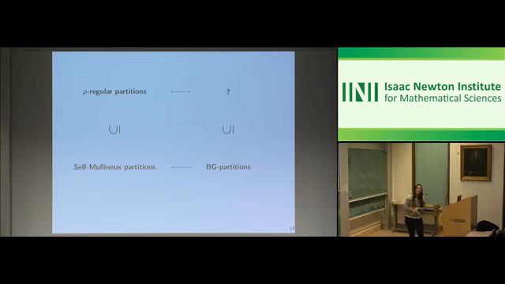So the ideal thing would be to find a set of partitions containing the BG partitions that could maybe label the simple modules of the symmetric group in characteristic P, so that conjugation, like tensoring with the sign representation, making the Mullineux map here would be conjugation here, which is an easier involution. Okay, and that's all. Thank you.